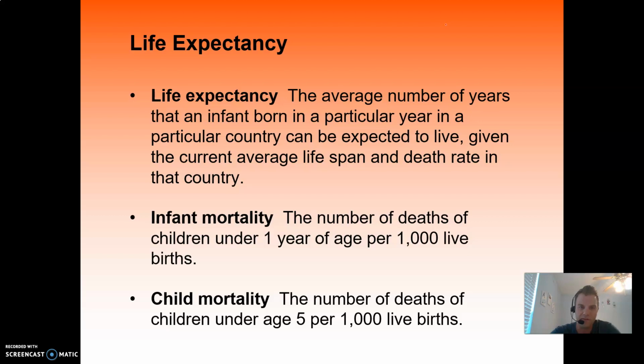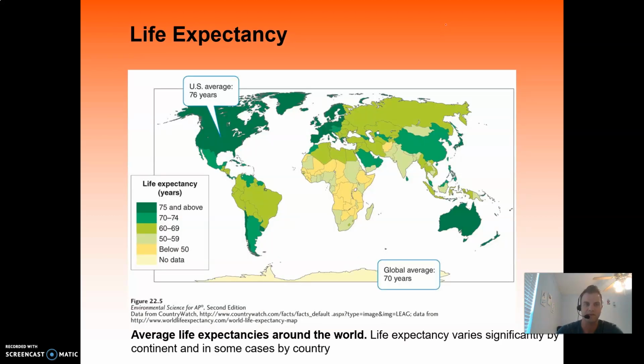Infant mortality is the number of deaths of children under 1 year of age per 1,000 live births. This and child mortality, which is the number of deaths of children under age 5 per 1,000 live births, are going to be fairly high for developing countries. And as countries get more and more developed, these numbers start to drop for the same reasons that life expectancy increases.